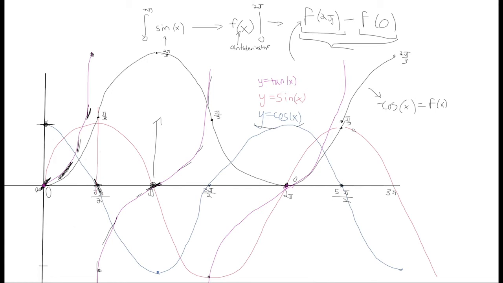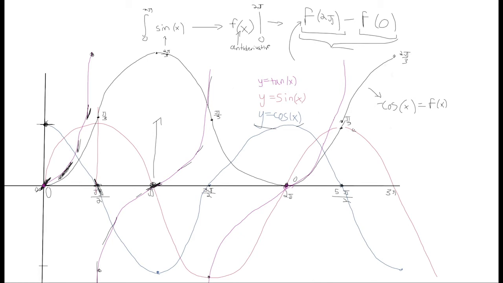Now, you might be thinking, okay, but you could probably represent this antiderivative function as a sine function too. And you could, if you shifted the sine function over a bit to match this graph. But it's a lot more complicated to do that than just put a negative sign in front of the cosine function to represent this graph.